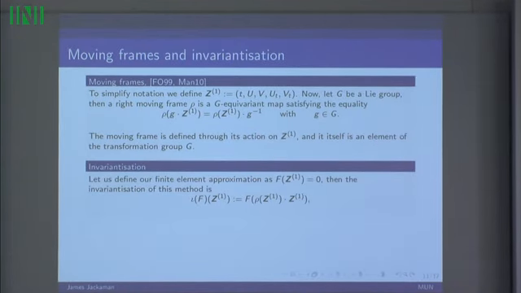After defining this moving frame, we can define the invariantization of a method, which we would hope would lead to an invariant method. Otherwise, our naming convention is incredibly misleading. If we rewrite our whole finite element approximation as just f of z equals 0, then we can define the invariantization of this method simply through defining iota such that we essentially act on our vector z with our moving frame applied to z.